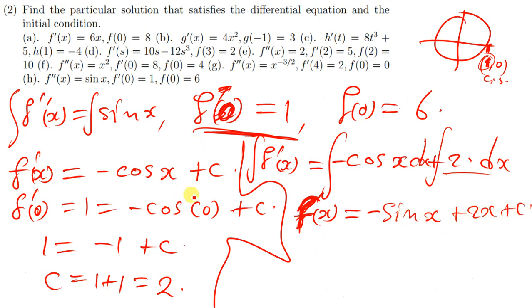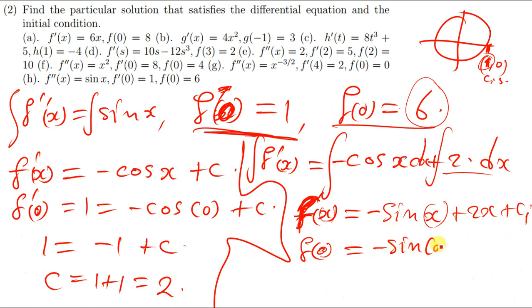So we've been given another condition that f of 0 is 6. So we put a 0 there. So when you put a 0 where there's x, you're going to find f of 0. So by putting a 0 there and there, you find the value of c1. So again, we're going to get negative sine 0 plus 2 times 0 plus c1.